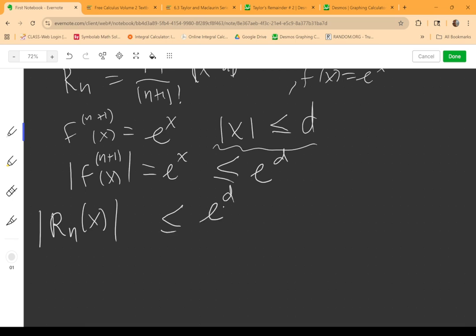That is going to help us bound our error. The absolute value of R sub n of x is less than or equal to e to the d, which is my value M, over (n plus 1) factorial, and since it's Maclaurin, my a is 0, so times x to the n plus 1.